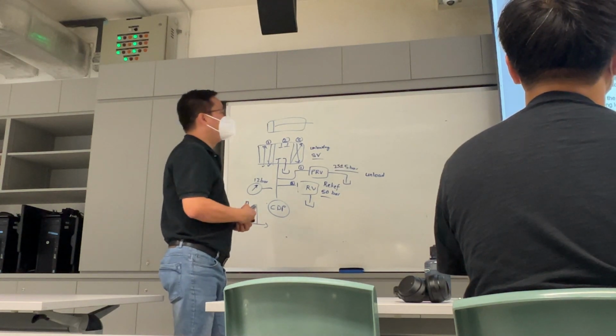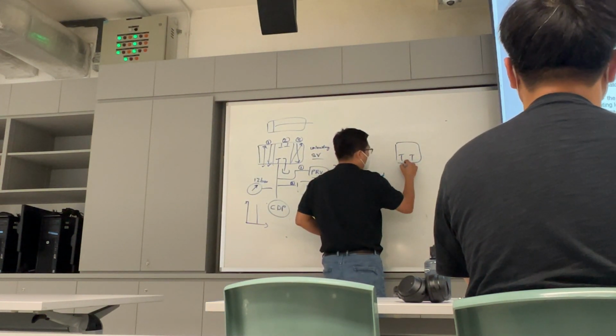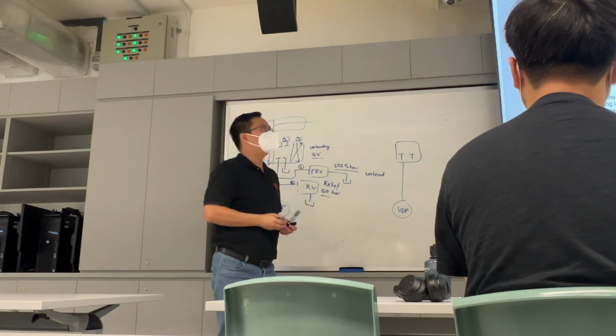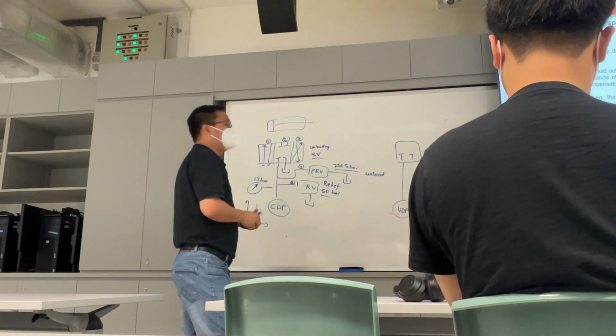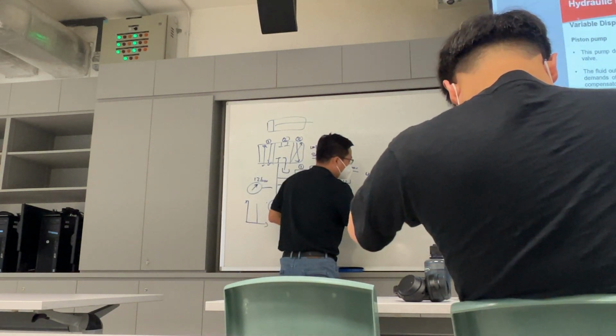Variable displacement pump, okay, I just draw the center. This is the flow center, variable displacement pump. Okay, a variable displacement pump works in a different manner. It has a pressure regulator function inside here. It has a PRV inside here.